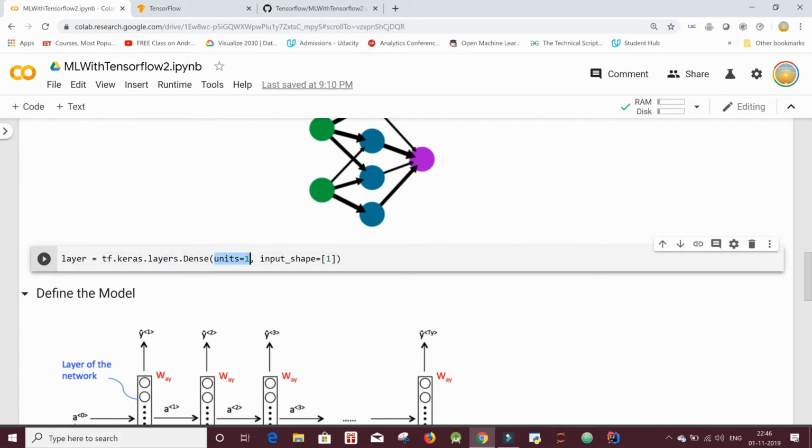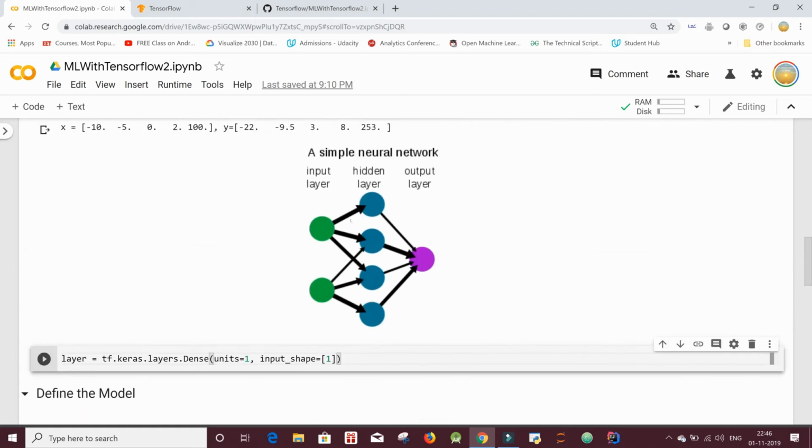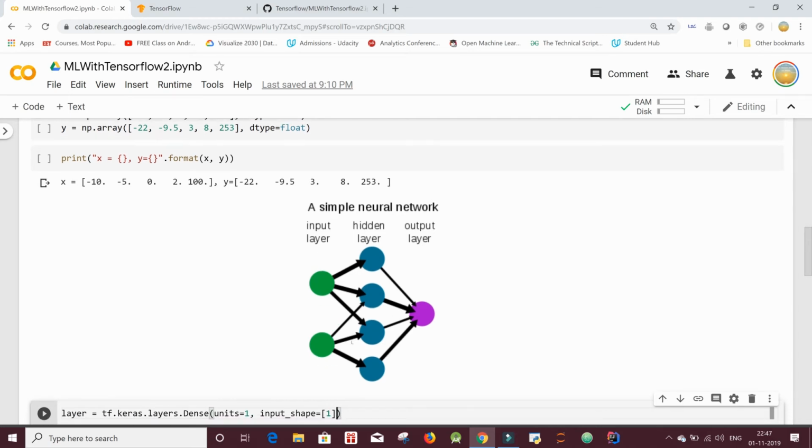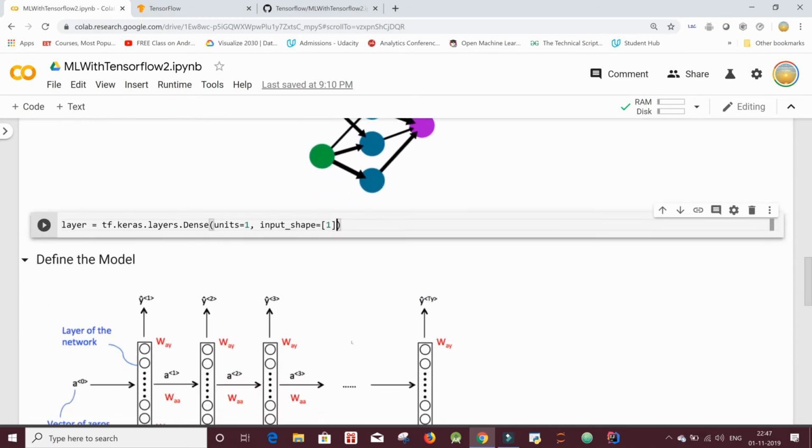The units is 1 because we are building a simple neural network which has just one hidden layer. And the input shape is a one-dimensional tensor, because our inputs are also one-dimensional tensors. So our hidden layer will also be a one-dimensional tensor.